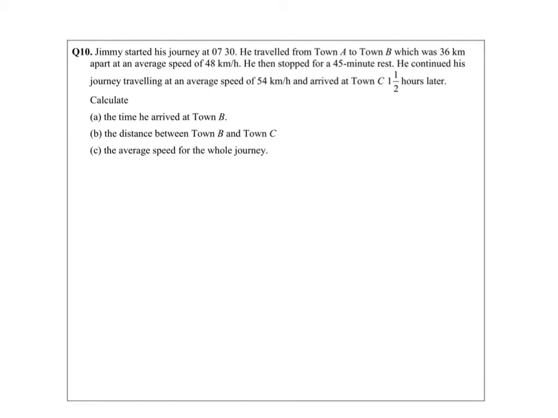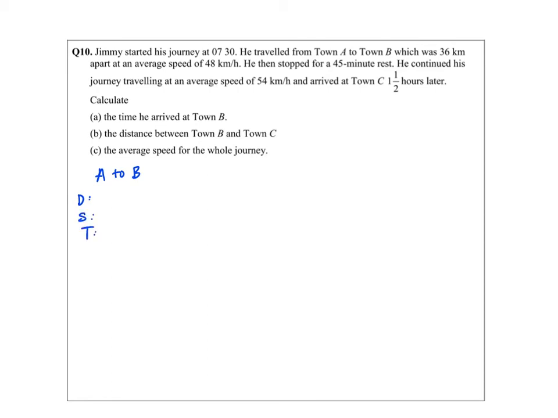Jimmy started his journey at 7:30. He traveled from town A to B, which was 36 kilometers apart, at an average speed of 48 kilometers per hour. Okay, that's quite a lot of information. So let's try to write down a little bit. For part A, it's talking about town A to town B. I usually have 3 things to consider: distance, speed, and time.